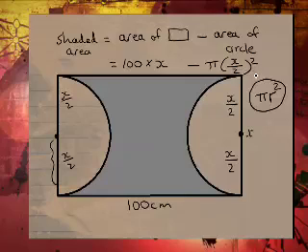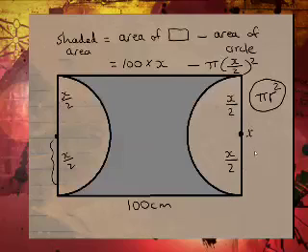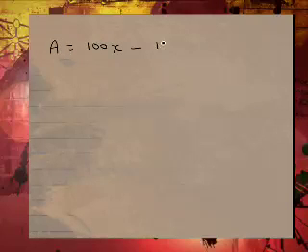Now let's see if this is of any use to what we want. Okay, 100x minus pi over 4x squared. Let's see if we can do something here. Okay, so we've worked that out. We've got the shaded area being 100x minus pi r squared.